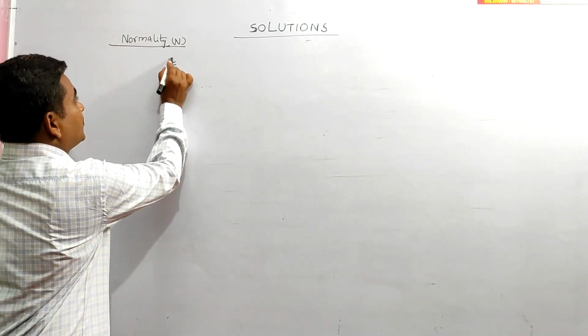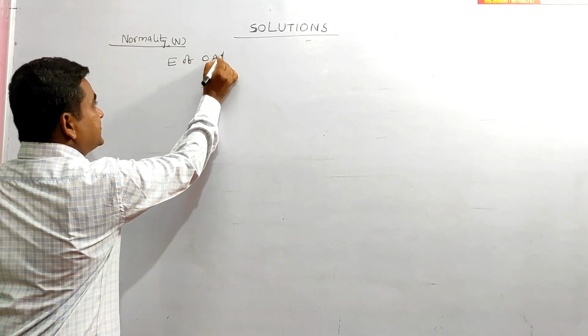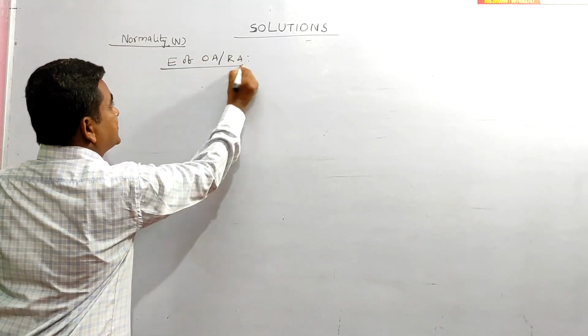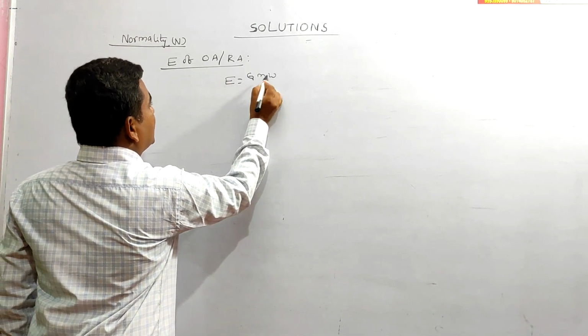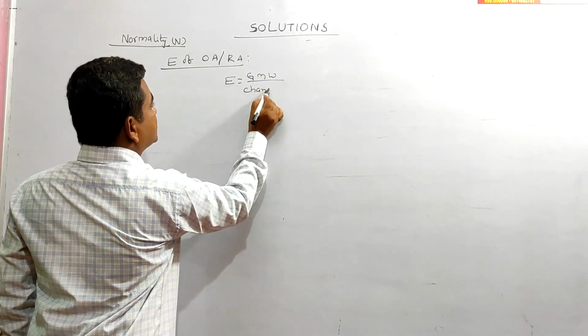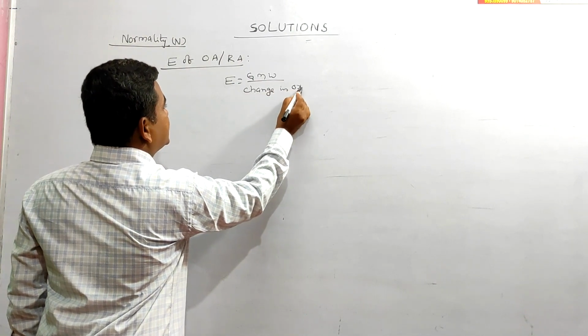Let us see how to find equivalent weight of oxidizing agent or reducing agent. E is equal to gram molecular weight by change in oxidation state.